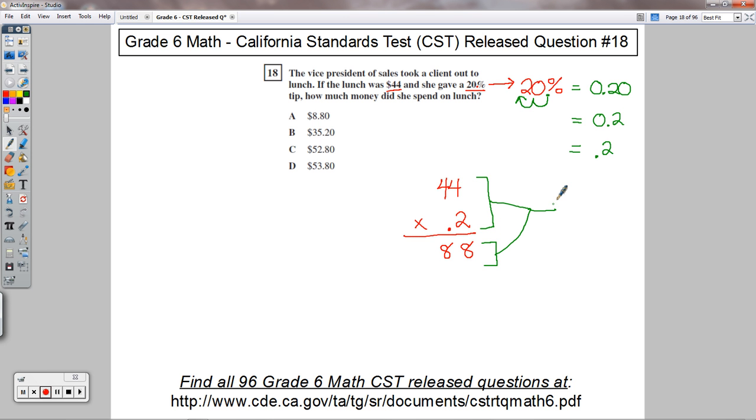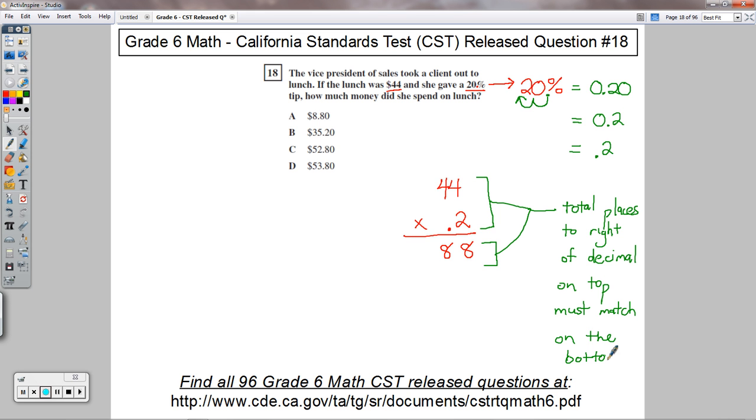So let me write that down here. So total places to the right of the decimal on the top must match on the bottom.